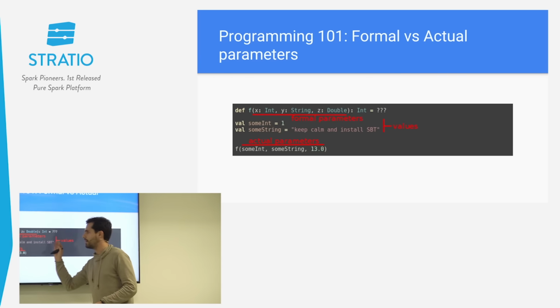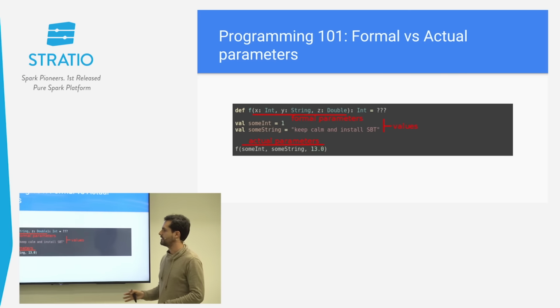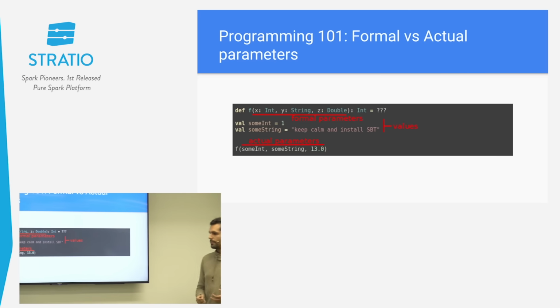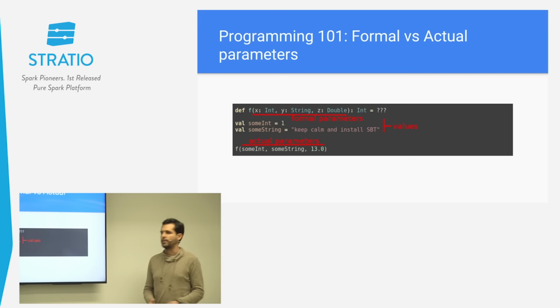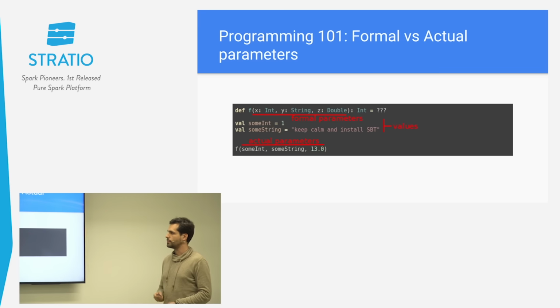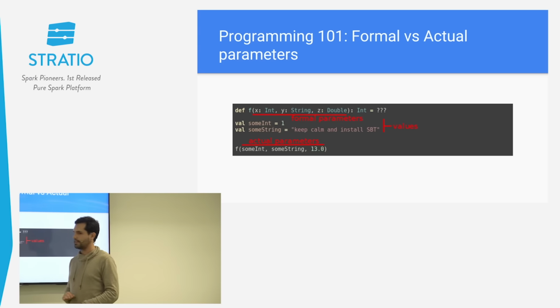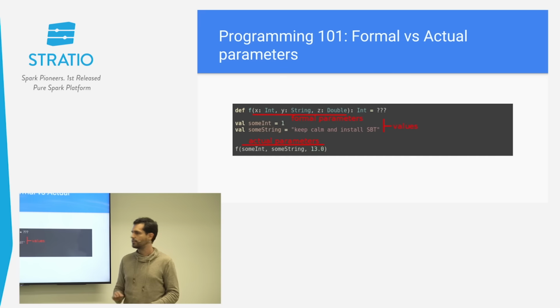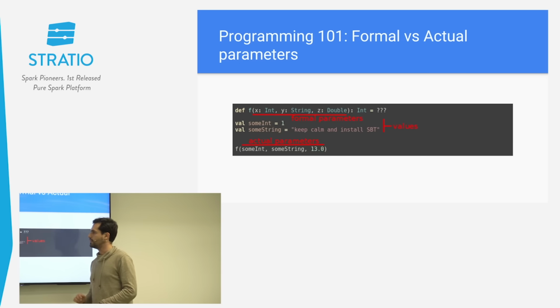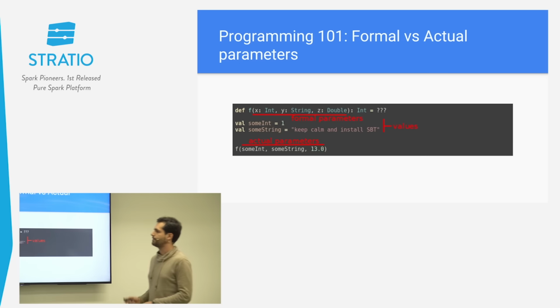On the other hand, you have the actual parameters, which are the actual values you are passing when you are invoking it. I will use the formal and actual parameter distinction over the next slides, so keep that in mind. We have values, okay? And a value is just a variable, a reference to some value, which isn't going to mutate.